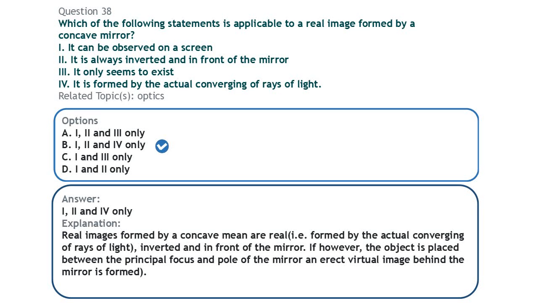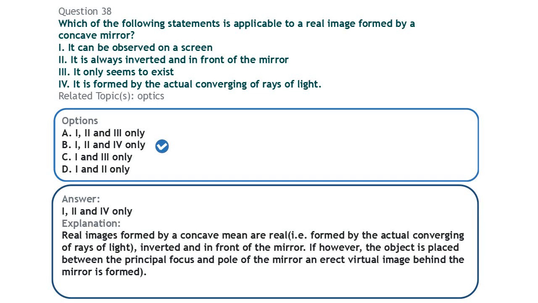A seeming image is an image that is formed from the apparent convergence or divergence of light rays, as the case may be, whether you are dealing with a lens or a mirror. So if you say that it only seems to exist, you are saying that the image is virtual. Already, the question even said applicable to a real image, so you can forget the case of when the object is between the principal focus and the pole.